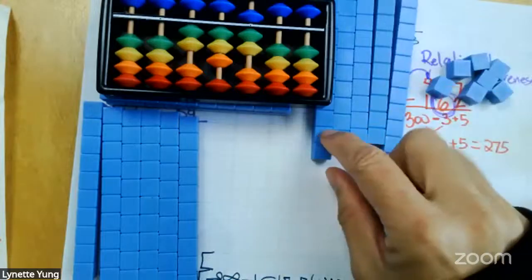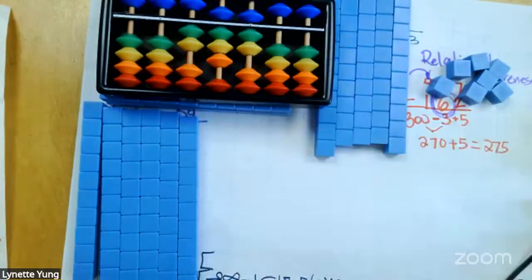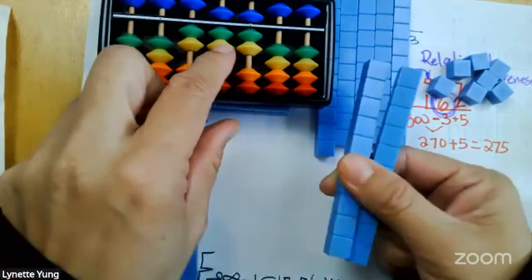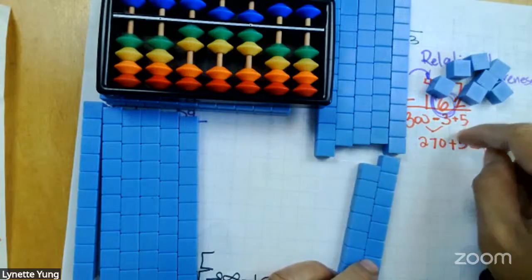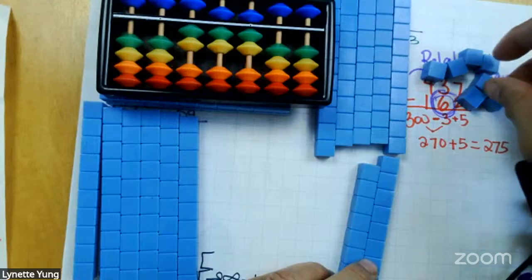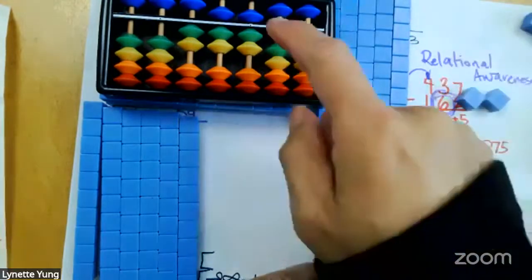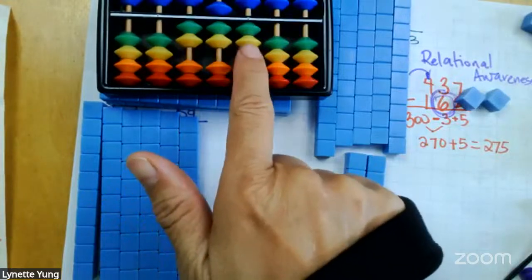We have 5 here, and then we add 2. And then we take away the 5: 1, 2, 3, 4, 5. And so our final answer becomes 275.